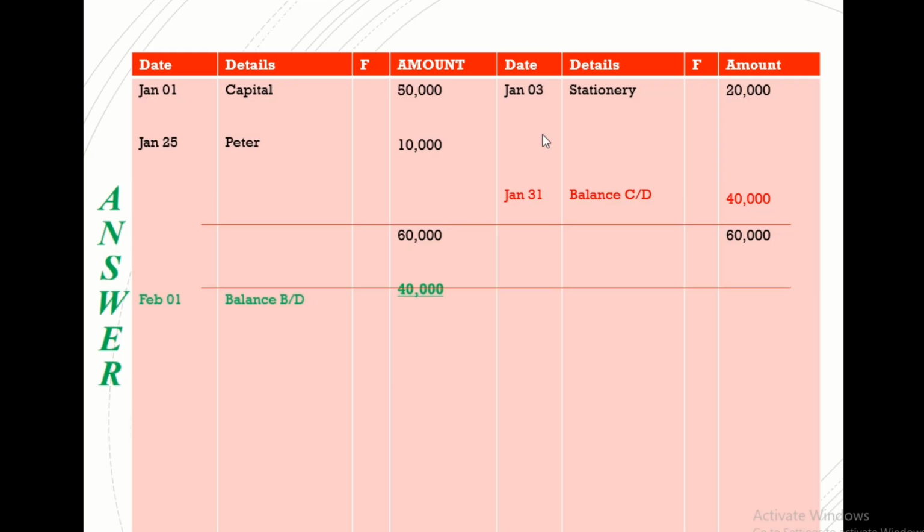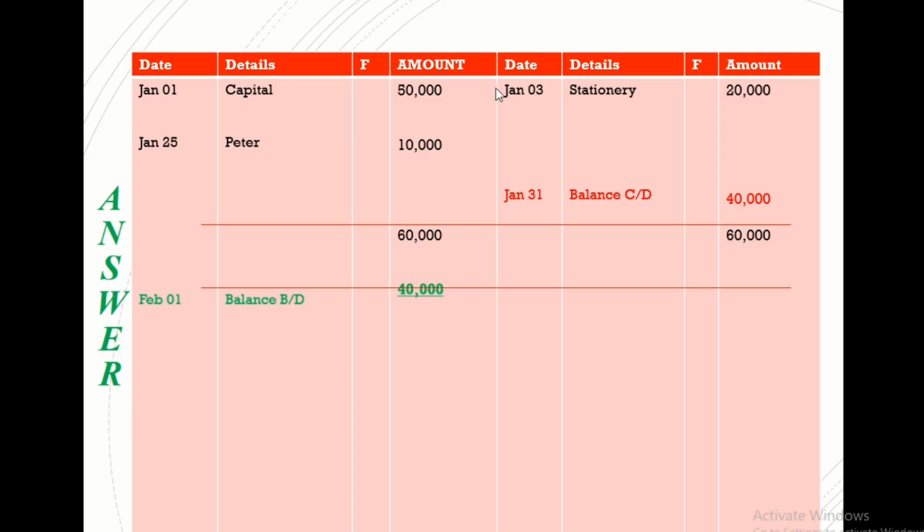This amount of money on the debit side represents the money the business received in January: 50,000 as capital, and later 10,000 from Petra, so the total received was 60,000.